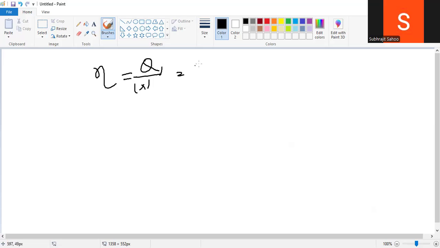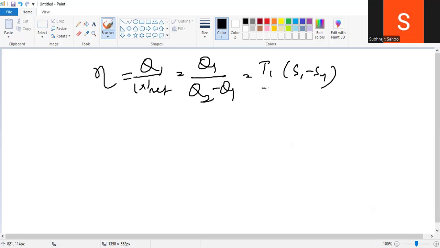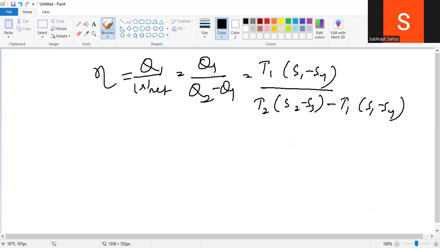So output was Q1, input was W, which is equal to Q1 minus Q2. So what is the Q1 value? T1 into S1 minus S4, and Q2 value is T2 into S2 minus S3, and Q1 again T1 into S1 minus S4.